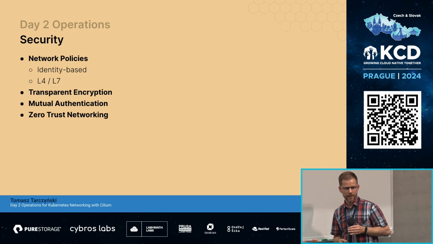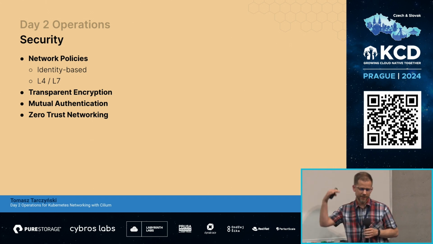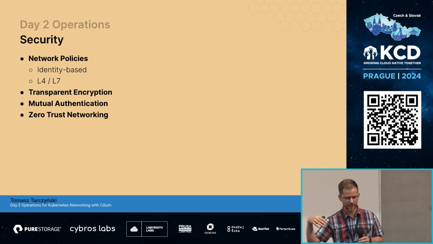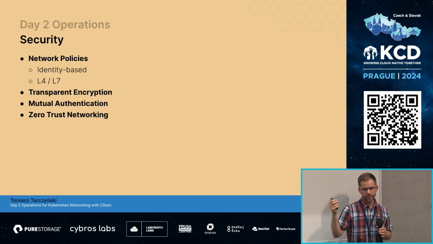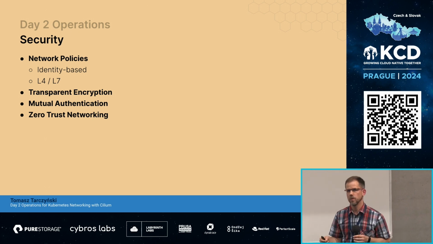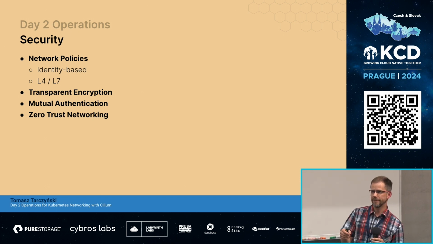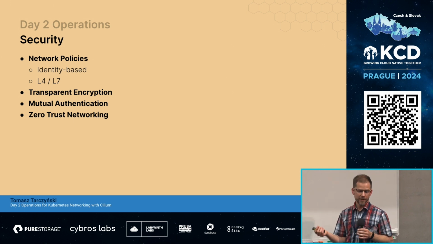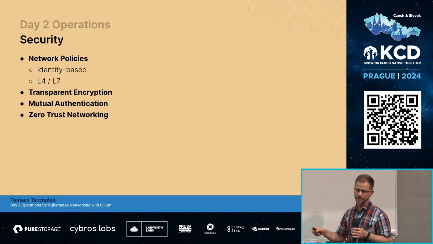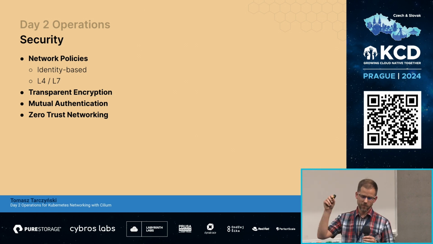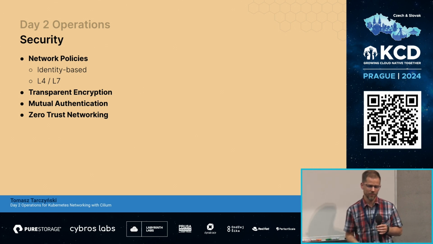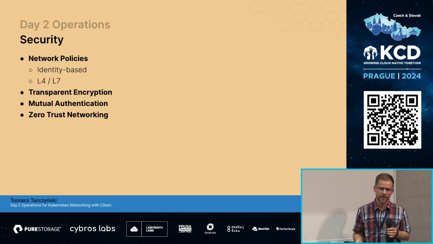Security. The first layer of security in Kubernetes is network policies. They are identity-based, so you no longer define your firewall rules by IP addresses, but rather you define which pod, which workload can talk to which other workload based on labels.